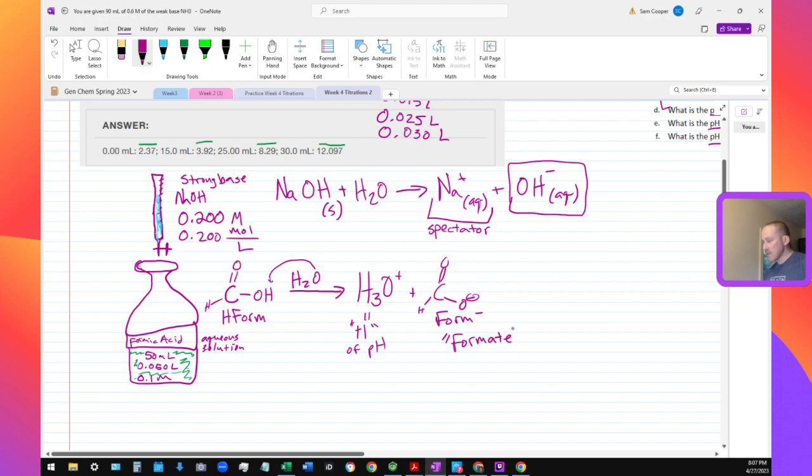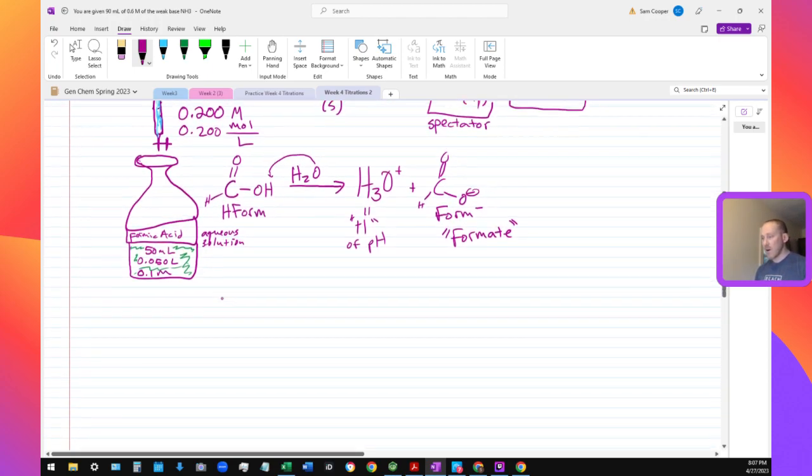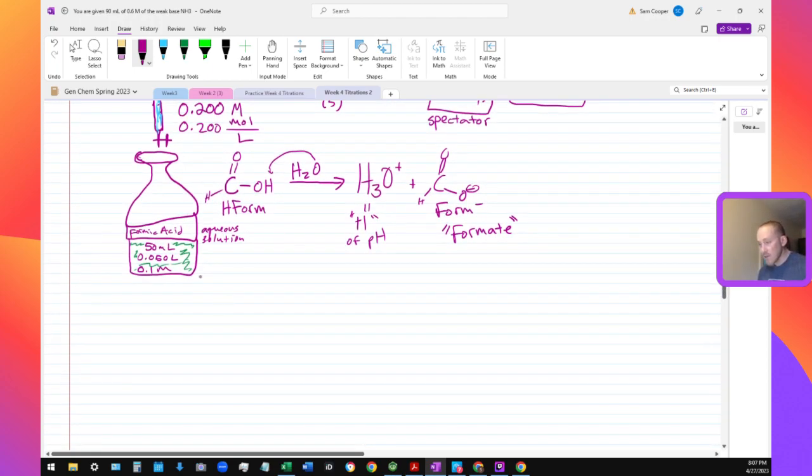So we're not going to get bogged down in the details, but I think it's important to just talk about what's going on here if you really want to answer these questions. Before we've added any base, the only thing that is influencing the pH of the solution is the H form.